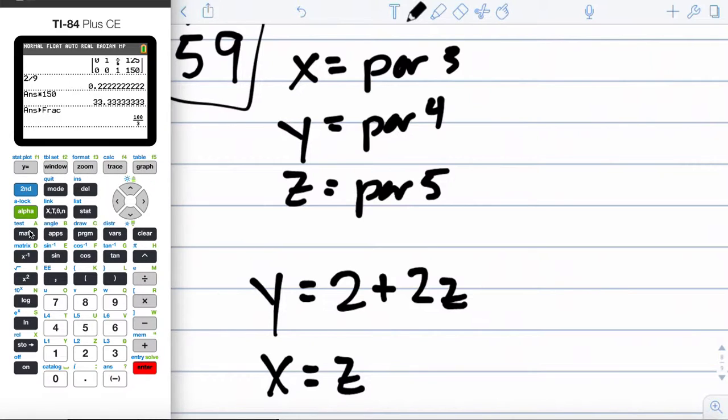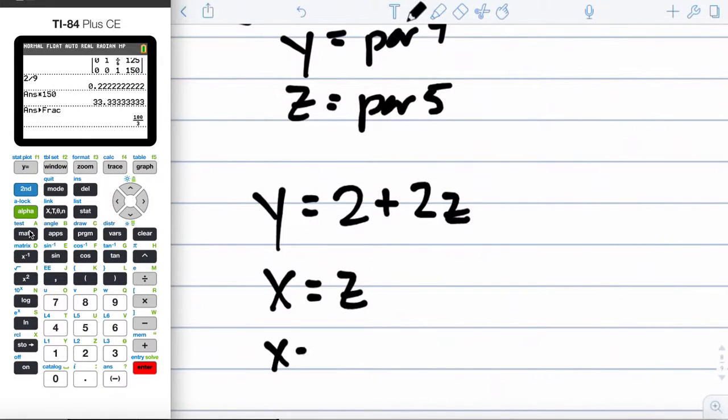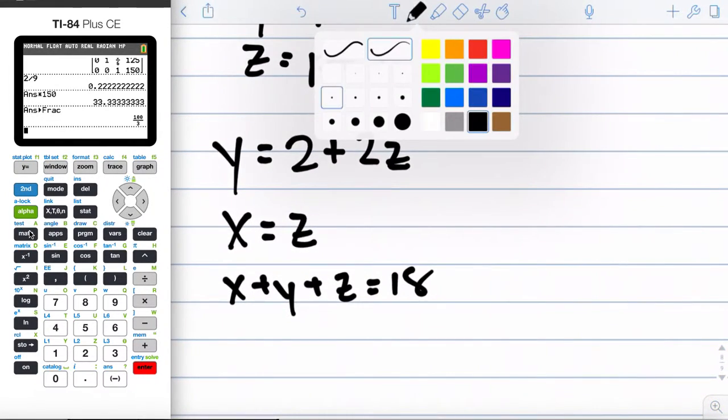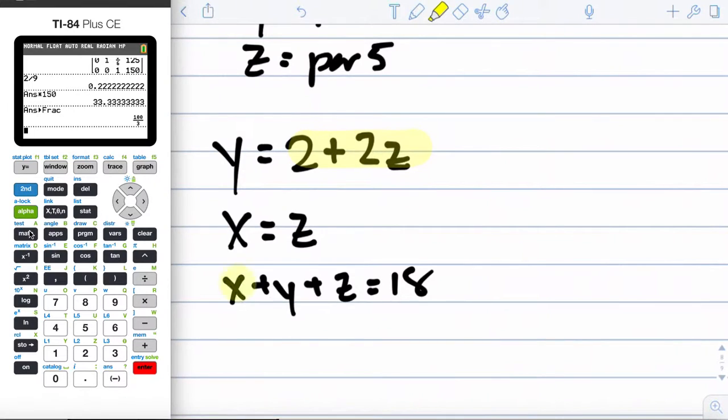Okay, and there are 18 holes, right? So I know x plus y plus z is equal to 18. Okay, so I got x is equal to z, y is equal to 2 plus 2z, and z is par 5. So it makes most sense to substitute those in.